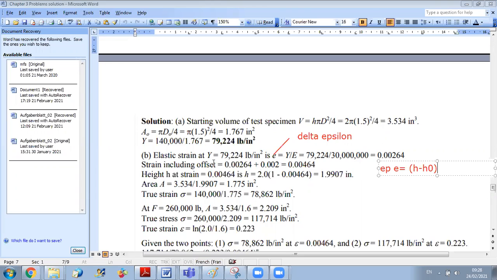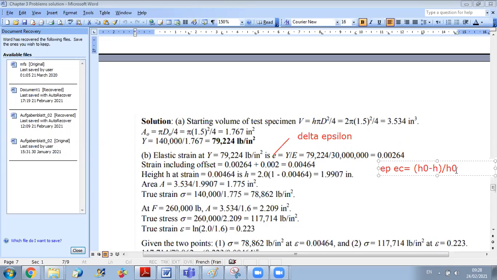Normally we define epsilon engineering as h minus h0 over h0, but in compression it is a negative value. If you take the absolute value, as they did here for compression, the definition becomes h0 minus h over h0.